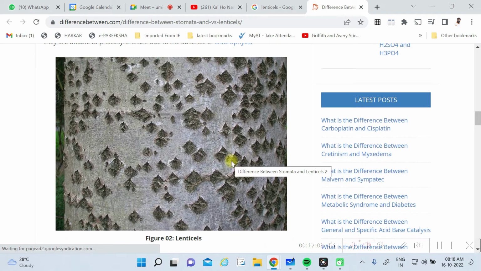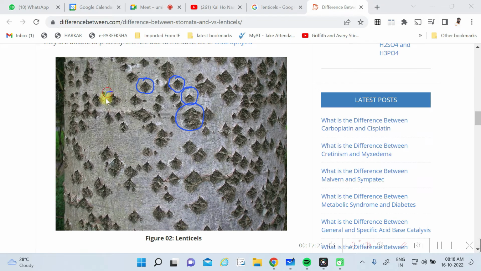On the bark of the stem, you will see these patches. These structures which are formed on the old stem are nothing but lenticels. They are formed by the loosely arranged cork tissue, which helps the stem in the exchange of gases.